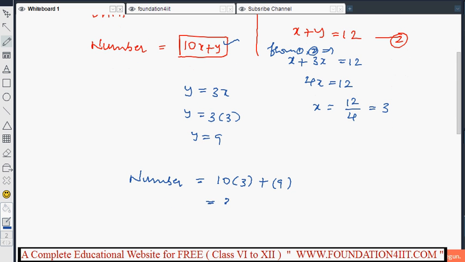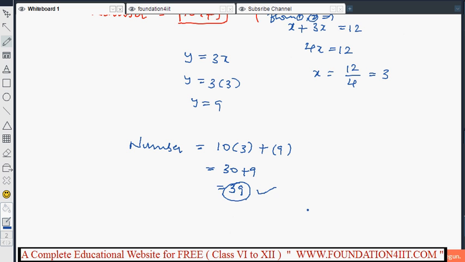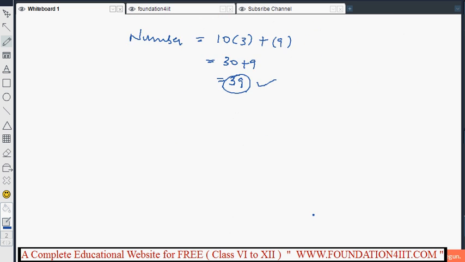So 10 into 3 is 30 and this is 9. So 39 is the required number. Hence the required number is 10 into 3 plus 9, that is 39. Right. One more question.